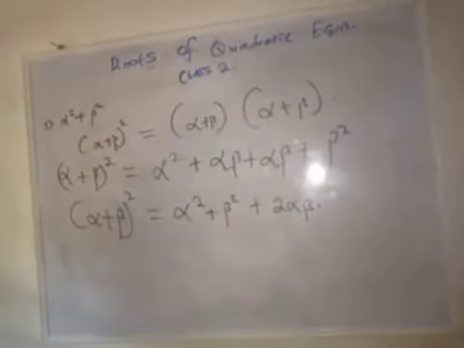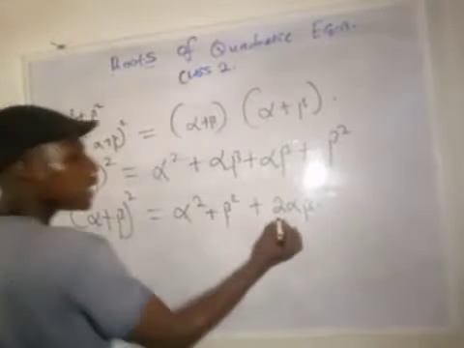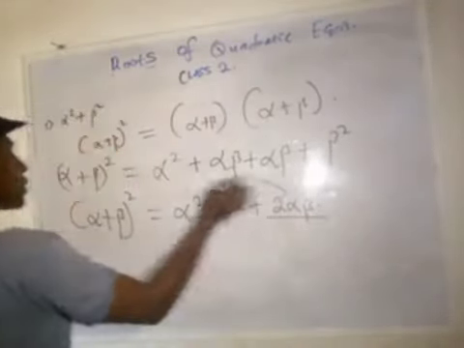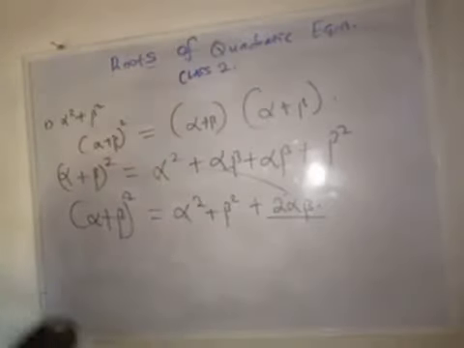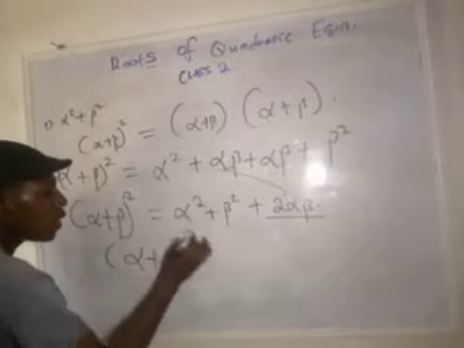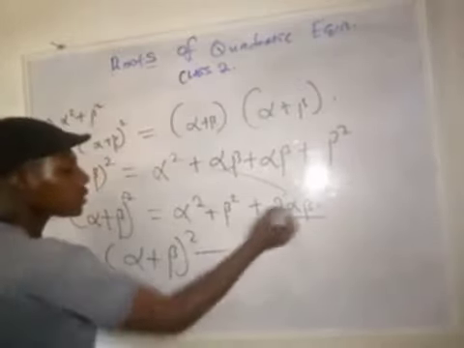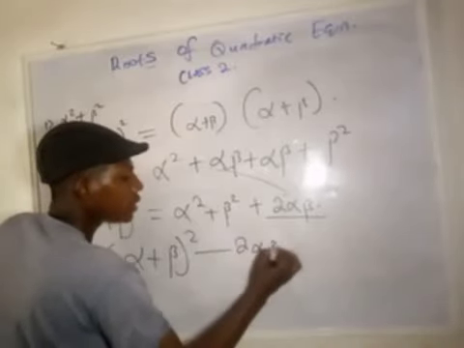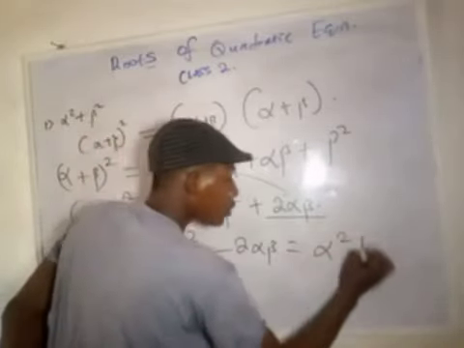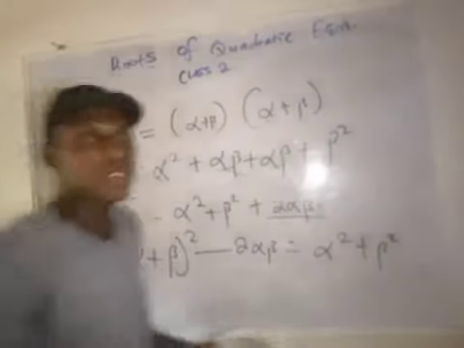Since I'm looking for alpha squared plus beta squared, I will simply take this to the other side. Therefore, alpha squared plus beta squared will be equal to alpha plus beta squared minus 2 alpha beta.